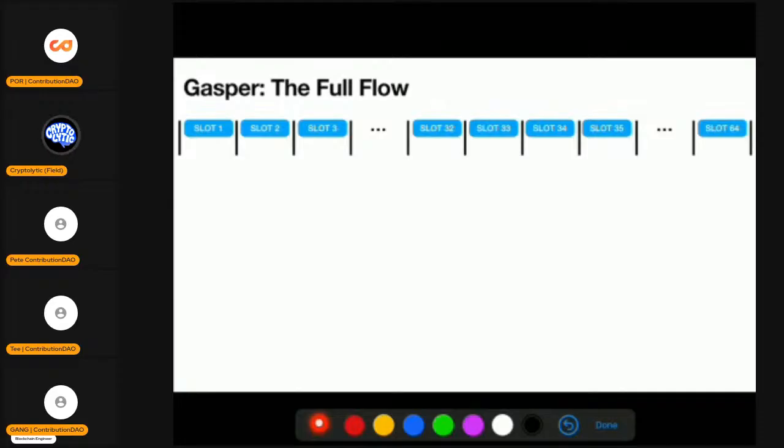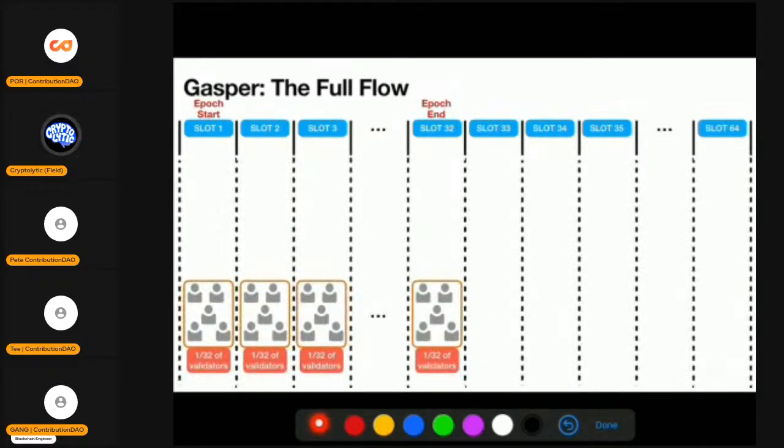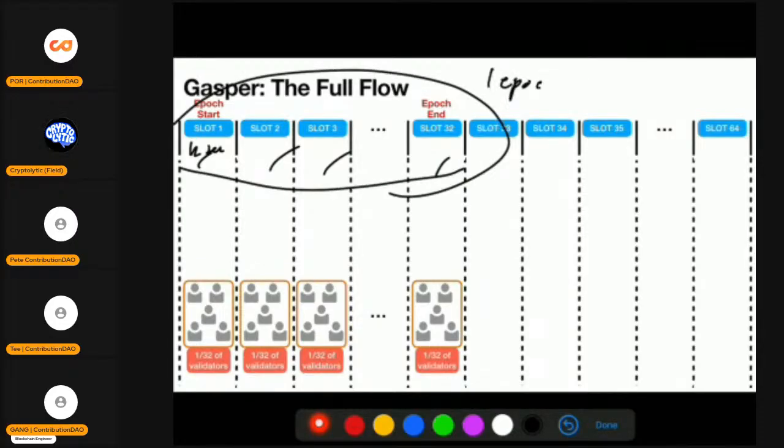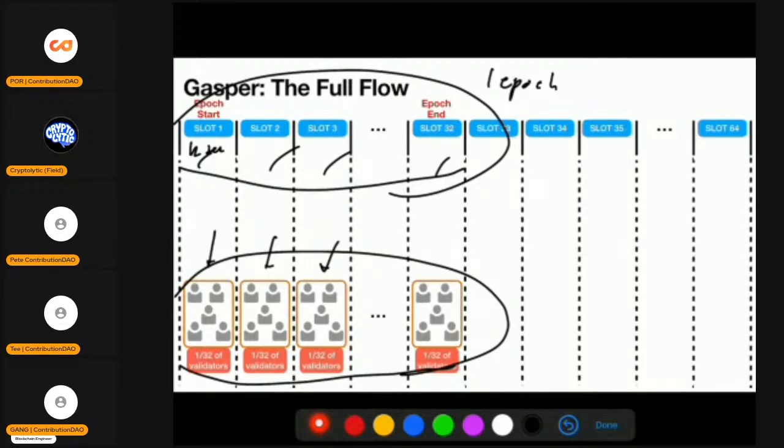The full flow is going to be like this: you have the slot, and each slot now has 12 seconds, and this is one epoch. All of the validators are assigned and spread across this one epoch, so each slot has 1/32 of all of the validators.